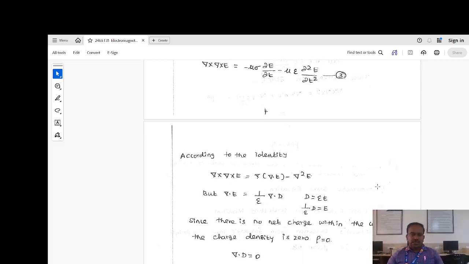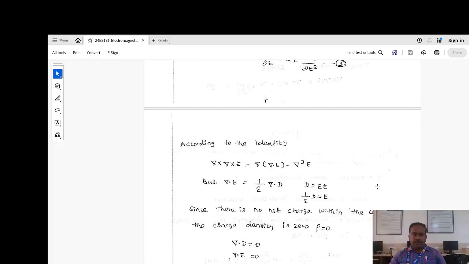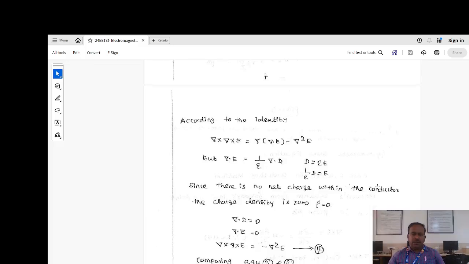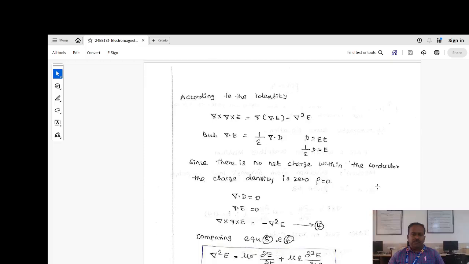Since there is no net charge in that conductor, the charge density is 0, that is rho equal to 0. By substituting these conditions, we have del dot D equal to 0, D equal to epsilon into E. So from this, del dot E equal to 0. Therefore del cross del cross E equal to minus del squared E, equation number 4.